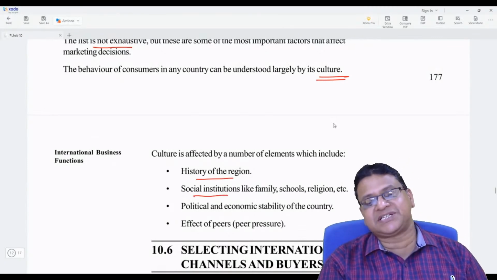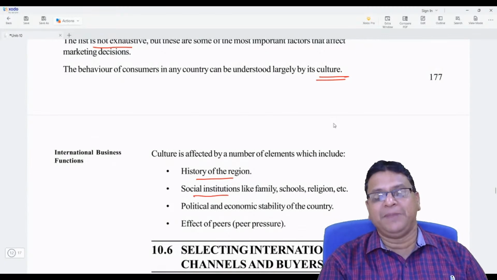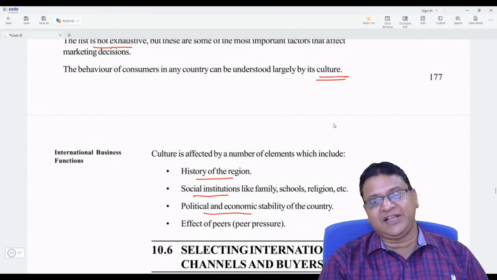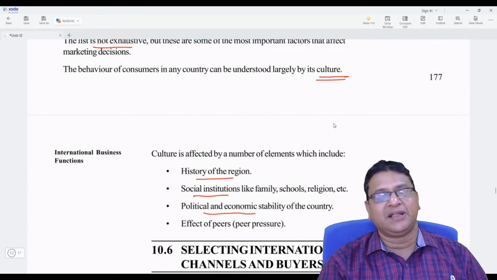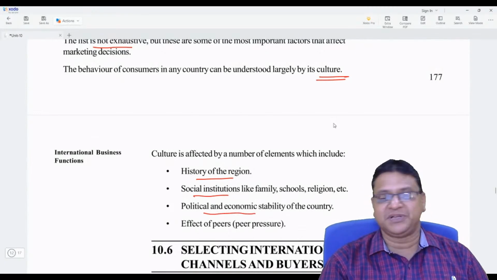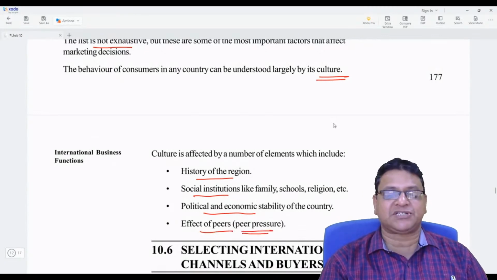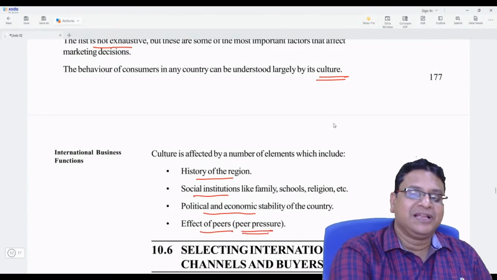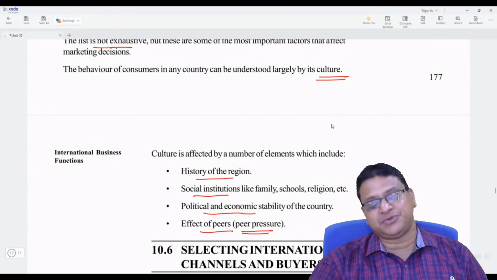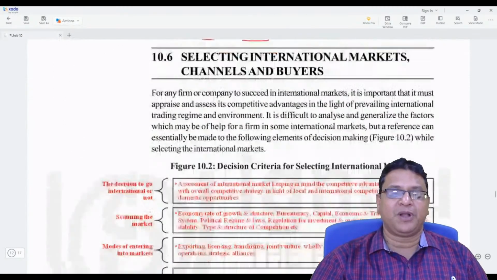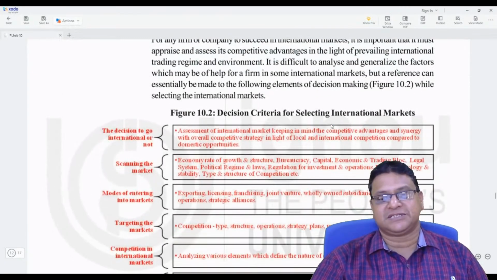The social institutions, model, family, school, religion play an important role in shaping the behavior of the consumer. The political and economic stability of the country also impacts the behavior of the consumer. The peer group effect or peer pressure also influences the behavior of the consumer. So, consumer behavior plays an important role in international business.